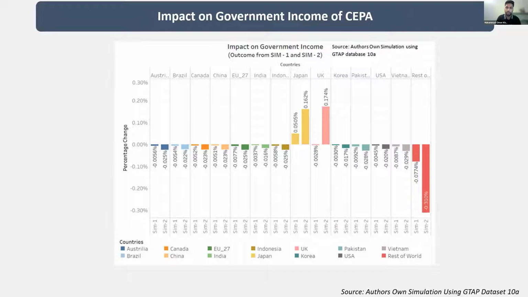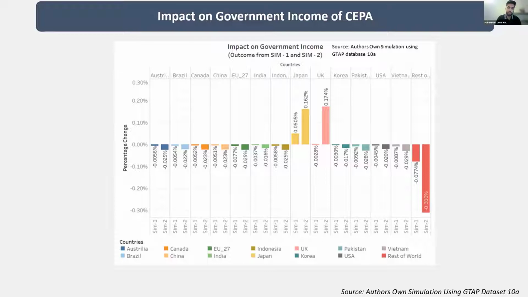Now, this is the impact on government income. By the first simulation, the free trade agreement between both countries, the income of the Japanese government would increase by 0.505%, whereas the UK's income would drop by 0.028%.